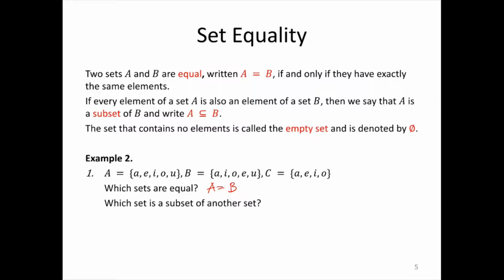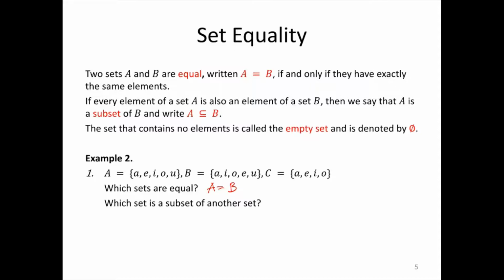What about this question? Which set is a subset of another set? We say a set is a subset of another set when every element of the set is also an element of the second set.